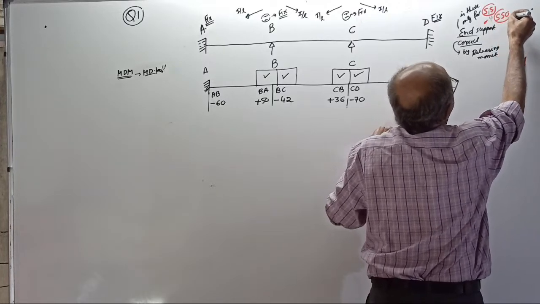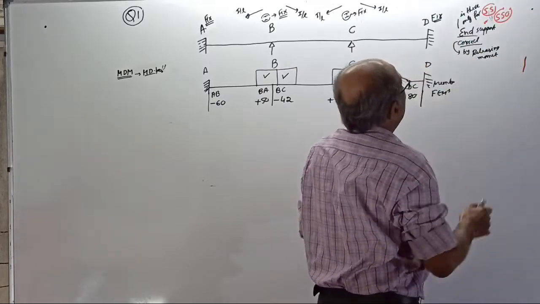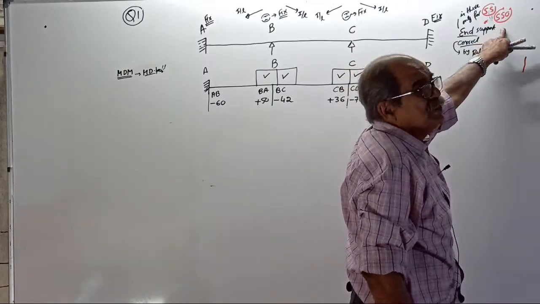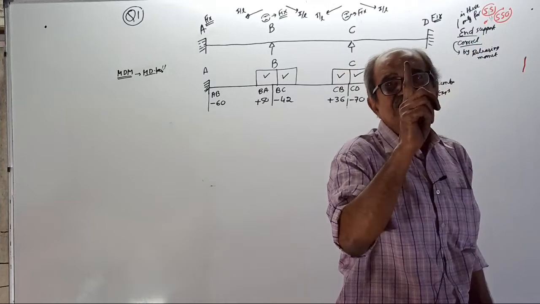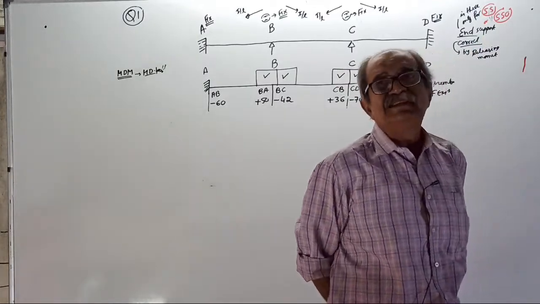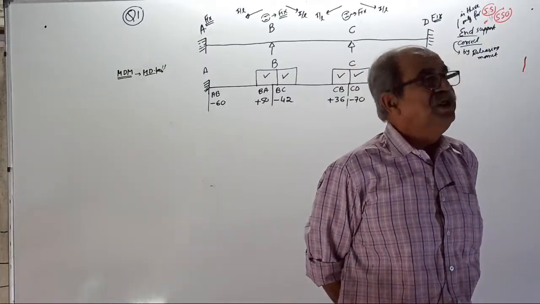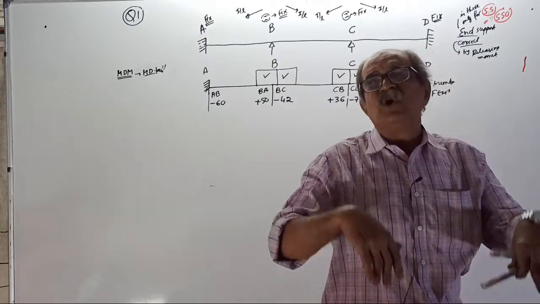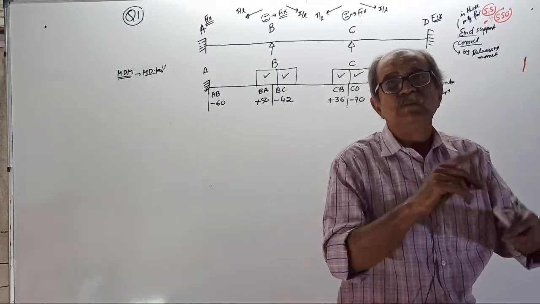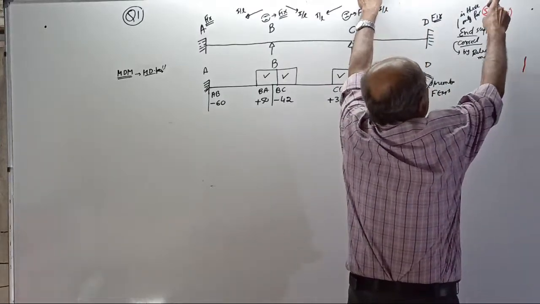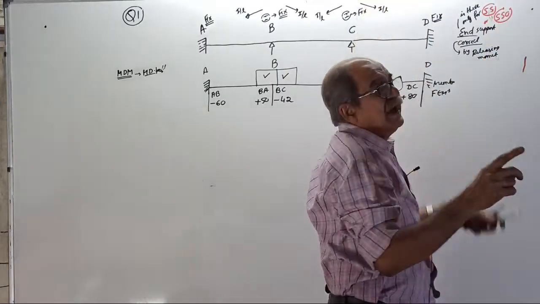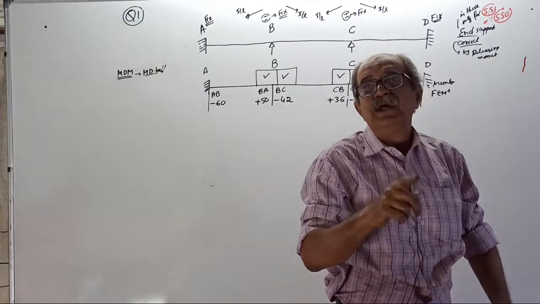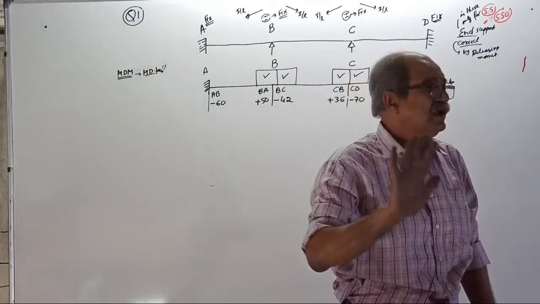SS means simple support. If you put SSO, that is also simple support, but with overhang. The correction for these two is the same, but the procedure is different. I will tell you.